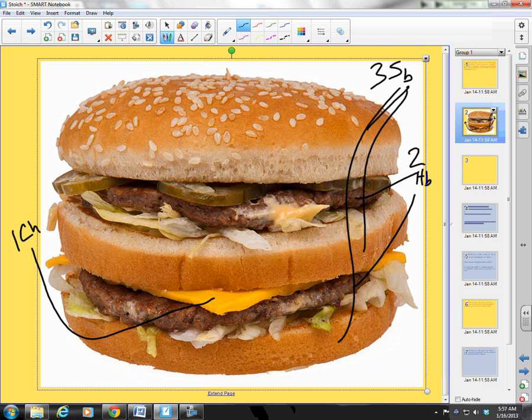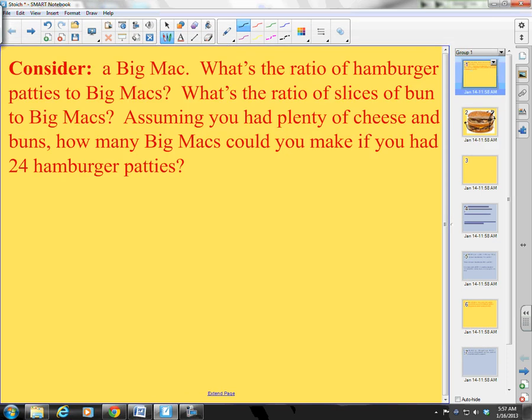And of course, you all know this is really what? Two all beef patties, special sauce, lettuce, cheese, pickles, onions on a sesame seed bun. Yes, that's a Big Mac. Good. So what did we say? Two hamburger patties, one cheese, and three slices of bread in that bun.